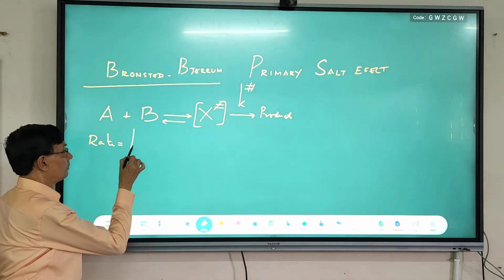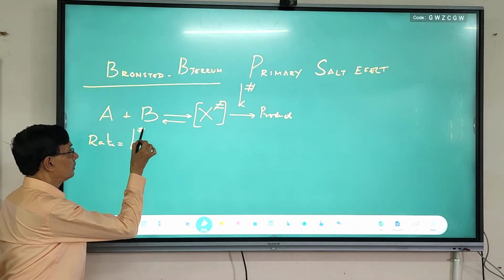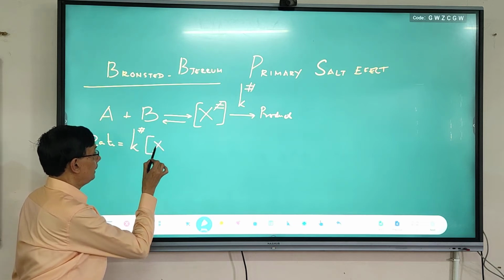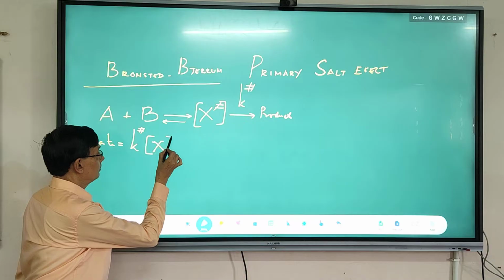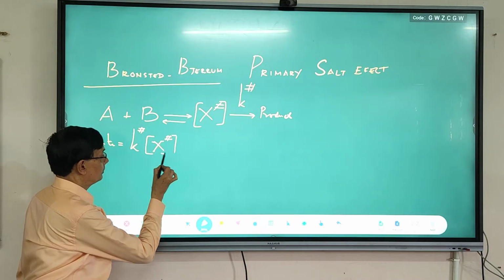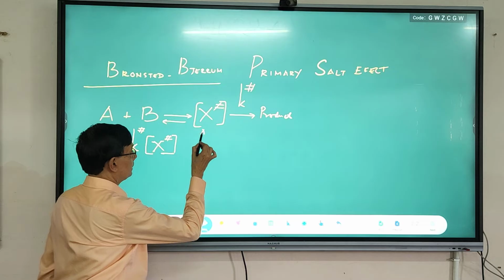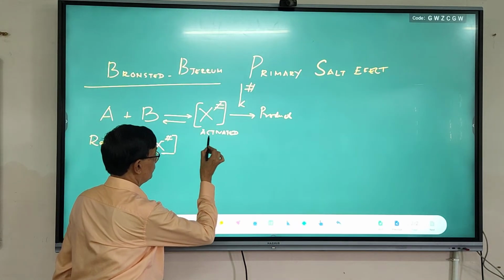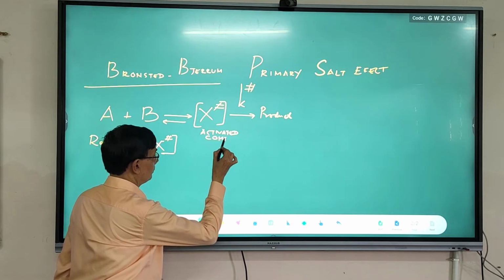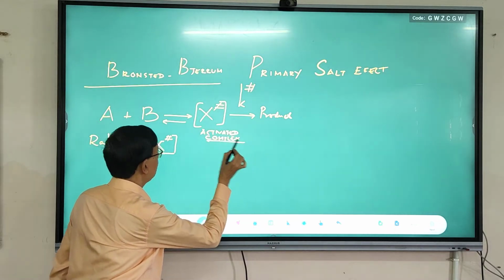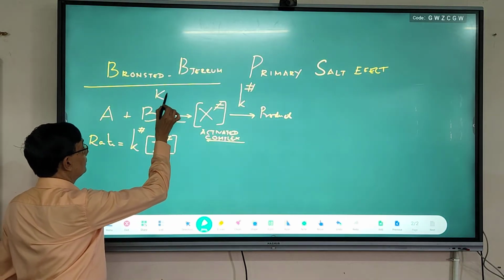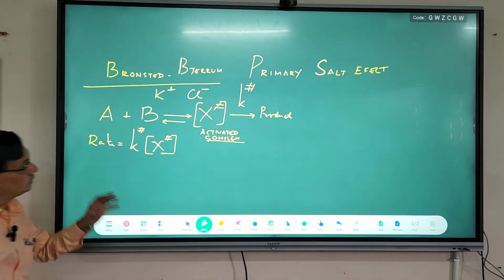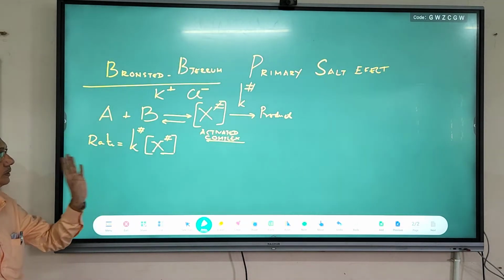So K activated is equal to the concentration of X. This is the activated complex. And we are using different types of potassium ion, so it will affect the activity coefficient of this species.